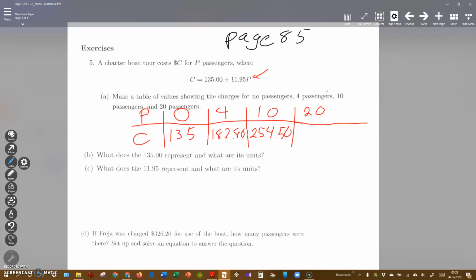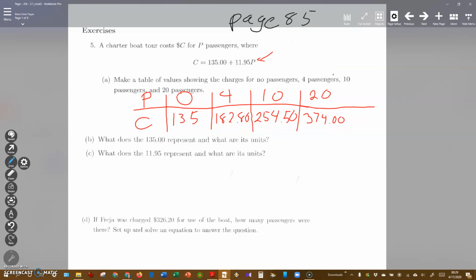And for 20 passengers, it would be an even $374. And there's our table of values. Pretty straightforward. We just substitute a number for P, and we calculate. We multiply by 11.95 first, and then we would add the $135 to that. We can do that for any number of passengers.